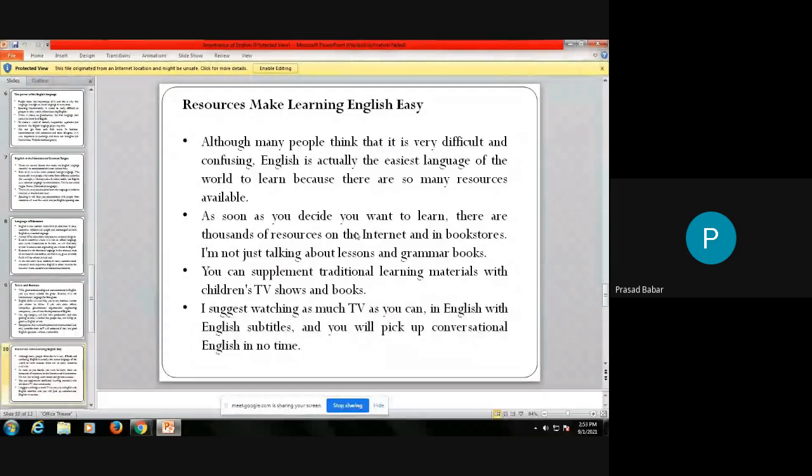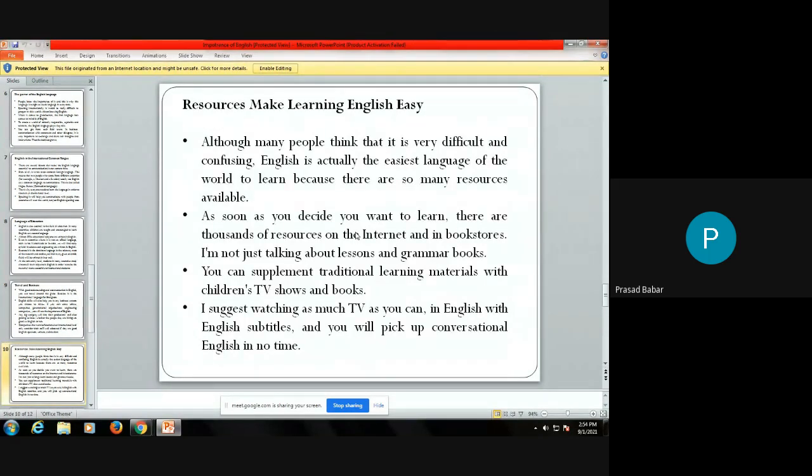Okay, so read books, but also supplement your practice with TV shows or children's cartoons, watching them by turning them to English language mode.